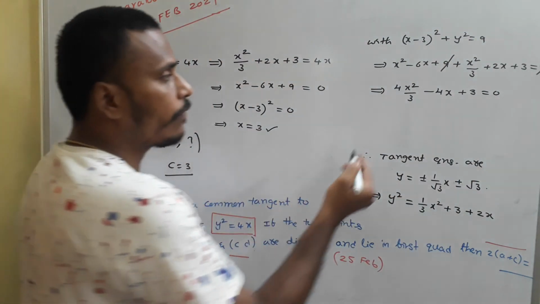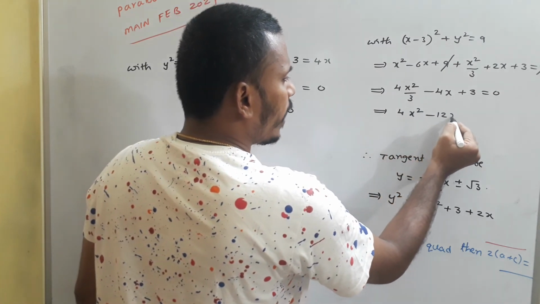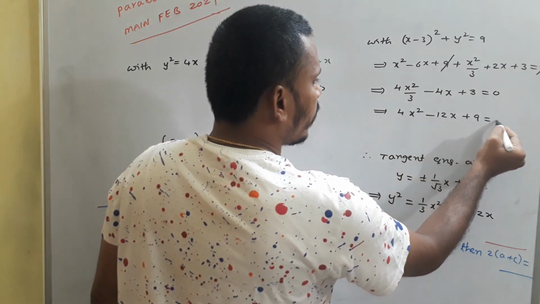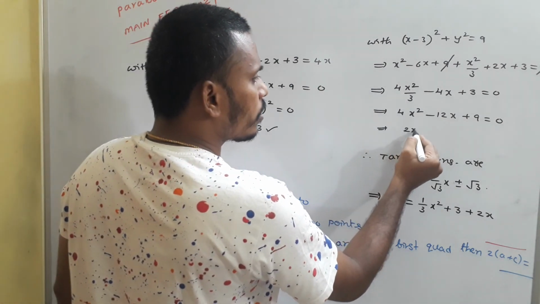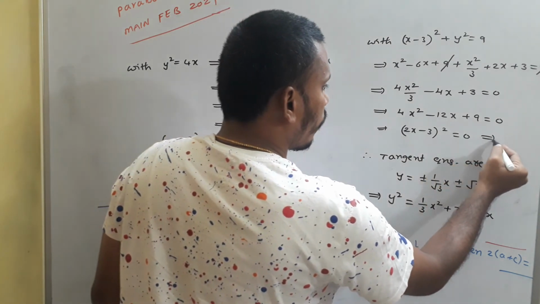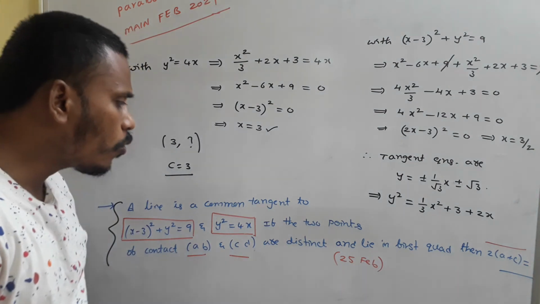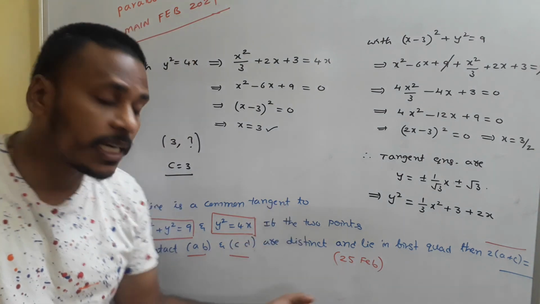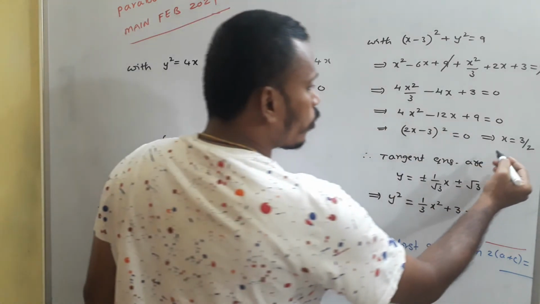Again multiply everything with 3. We get 4x square minus 12x plus 9 equals 0. And again it is easy to solve: this is simply 2x minus 3 whole square equals 0, so x equals 3 by 2. So the point of intersection of the tangent line with the circle is at x equals 3 by 2.